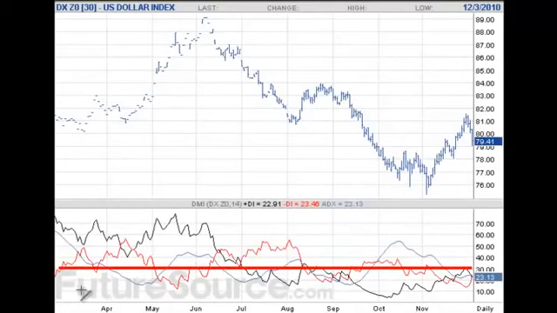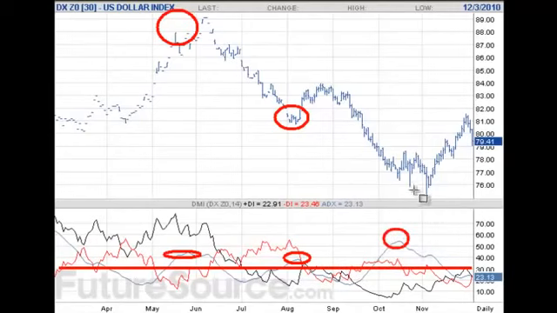So let's just look at it. Here we have the ADX. It hooks down right around in here, and the market tops in there. There, ADX hooks down, calls a bottom. ADX is above 30, it hooks down, calls a bottom.